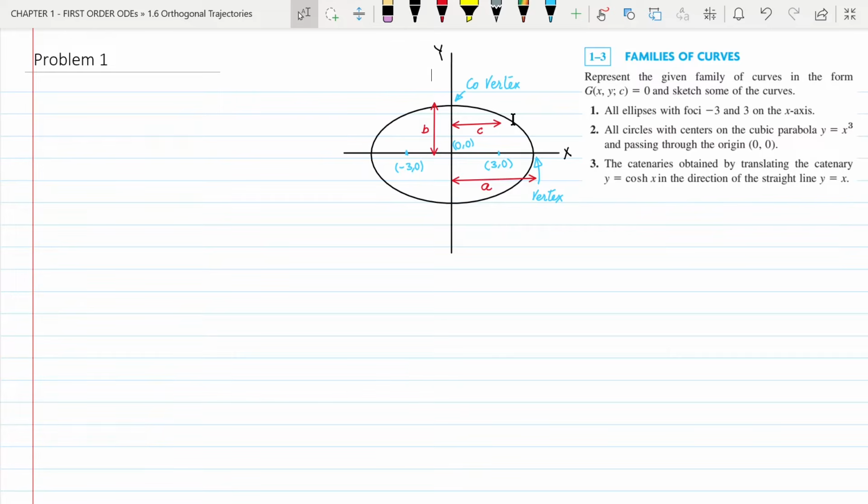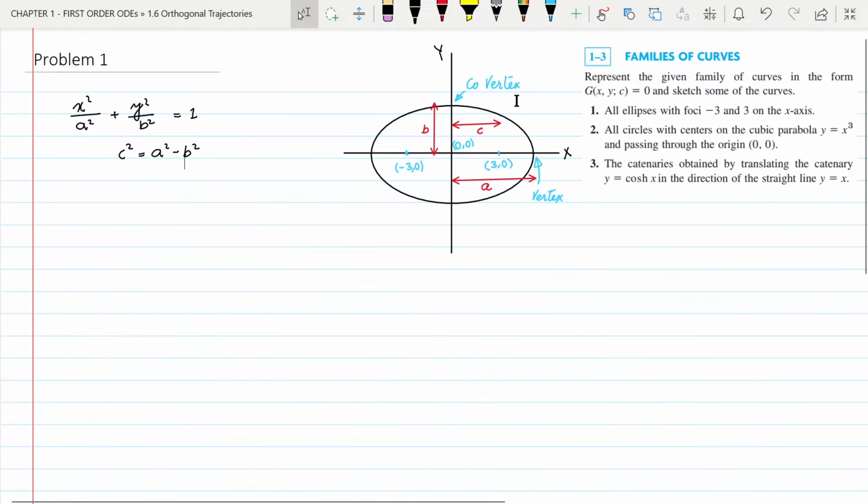For this ellipse, the general equation will be x square by a square plus y square by b square equal to 1, and we have the property that c square equal to a square minus b square, where c is the distance from the center to the focus.